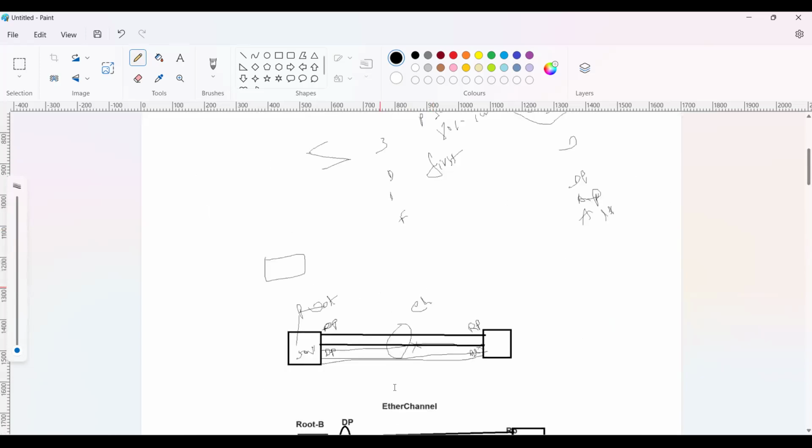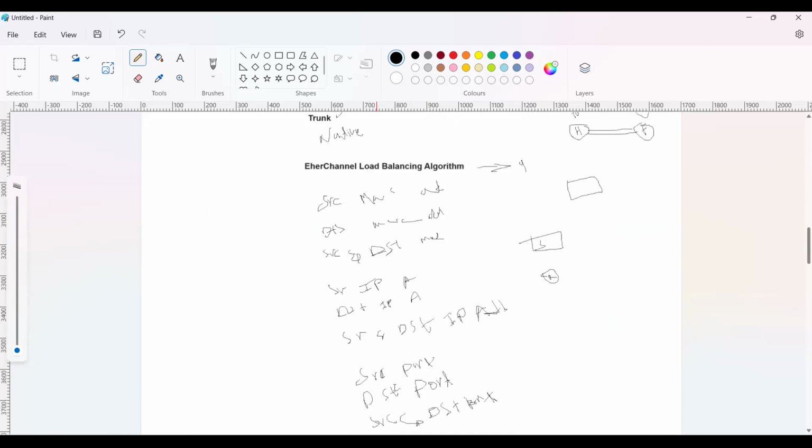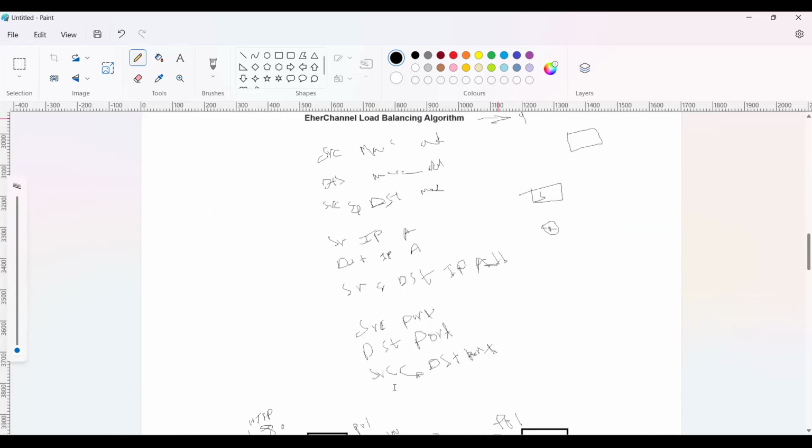Don't get confused here. We have 9 algorithm types. Here MAC address, this is 3: source MAC address, destination MAC address, and source and destination MAC address.